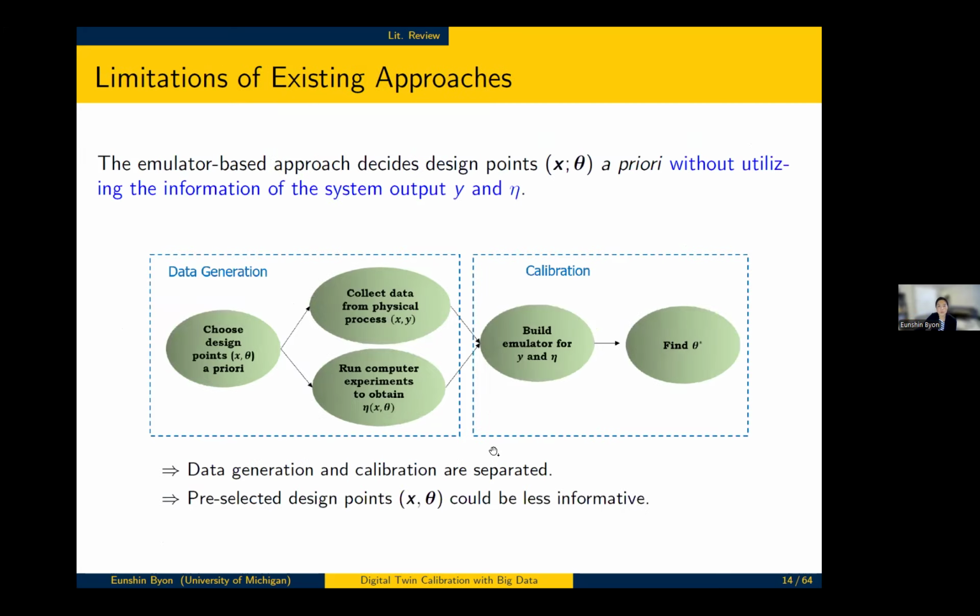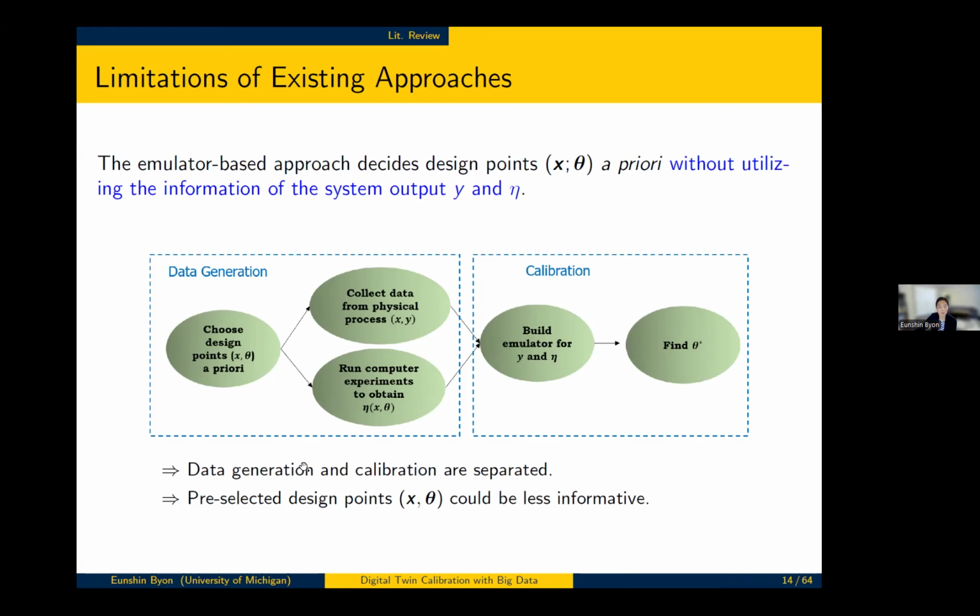But the problem is, they fix the design points a priori, before having any understanding of the system structure like Y and eta. So they don't utilize the information of the system output, meaning the output from the physical system and also the digital twin. They generate the data first, and once they generate the data, then they calibrate.